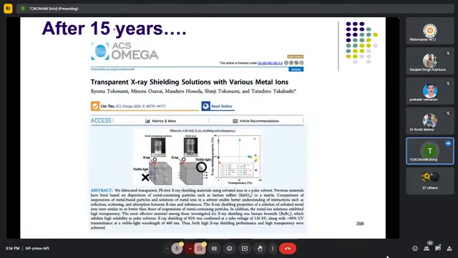After 15 years, we have a co-authored paper. My son is studying transparent X-ray shielding solutions. So we, son and I, published a paper, SES Omega, very recently.